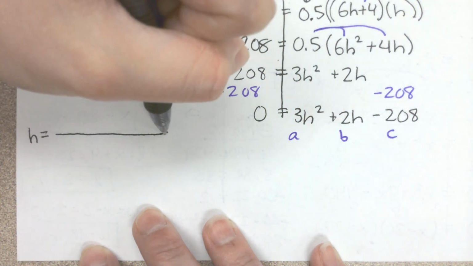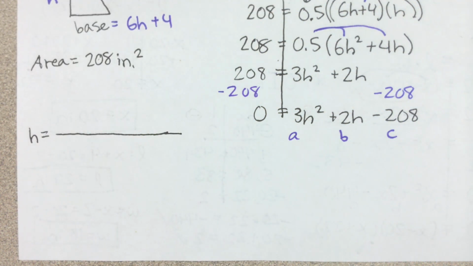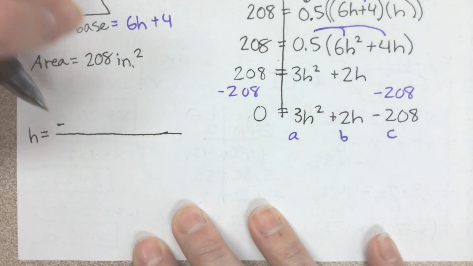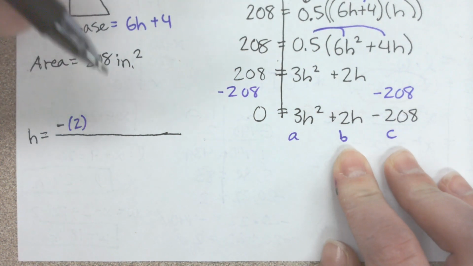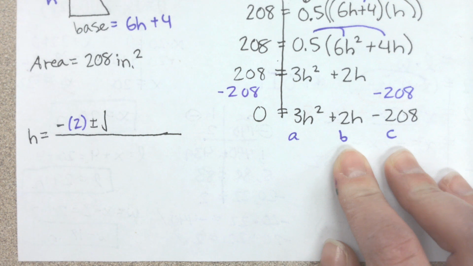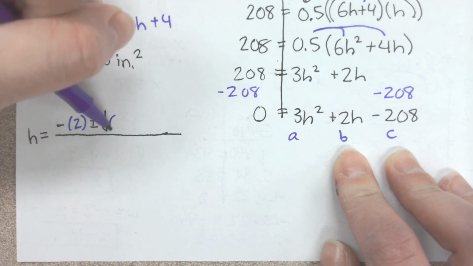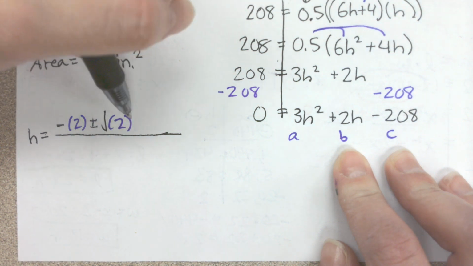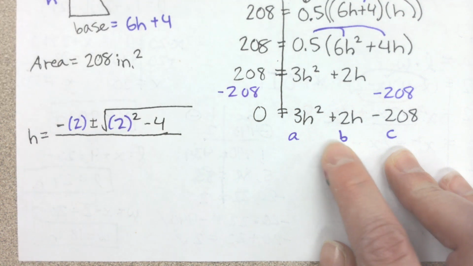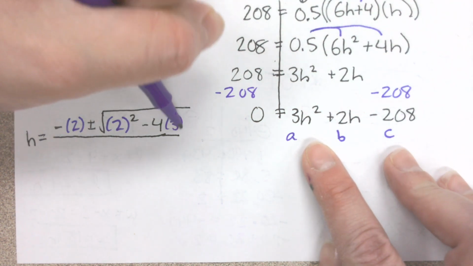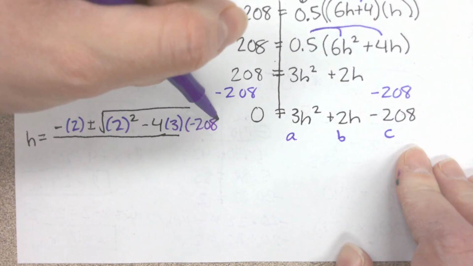hopefully you wrote the quadratic formula down on number 3 above, so you can look at that. Negative b is 2 plus or minus the square root of b squared, so 2 squared minus 4 times a, which is 3, times c, which is negative 208.